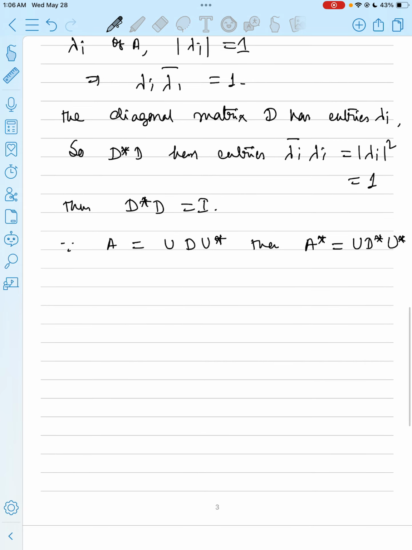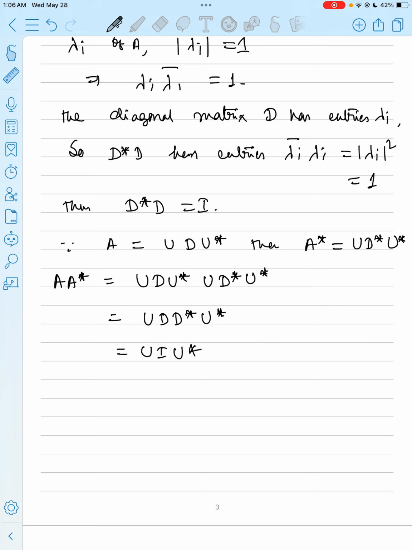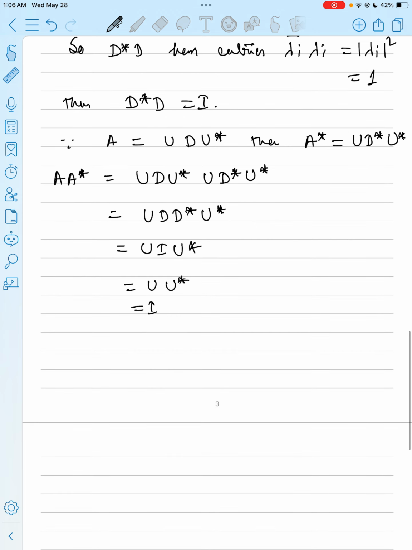Now compute A A star, which is U D U star U D star U star, and this is U D D star U star, which is U I U star, which is I.